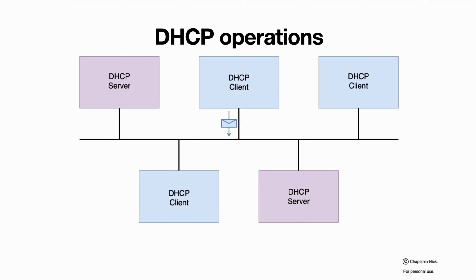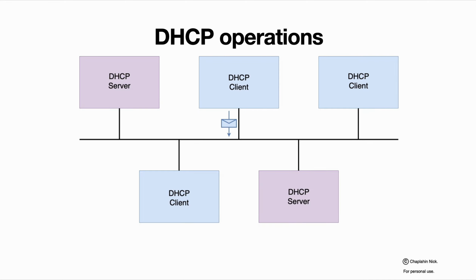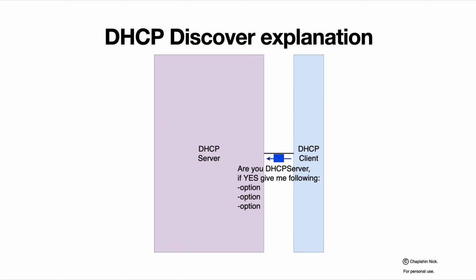And all that starts with DHCP discover. DHCP discover is the literal question from the client to the network, to all devices in the network: are you a DHCP server?